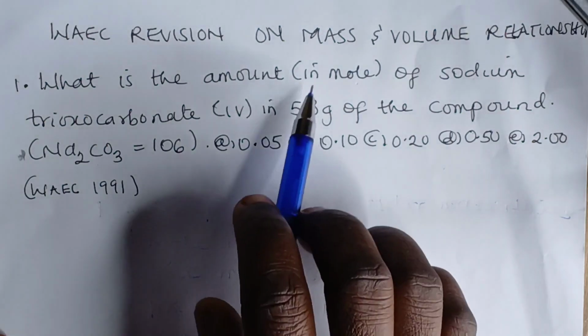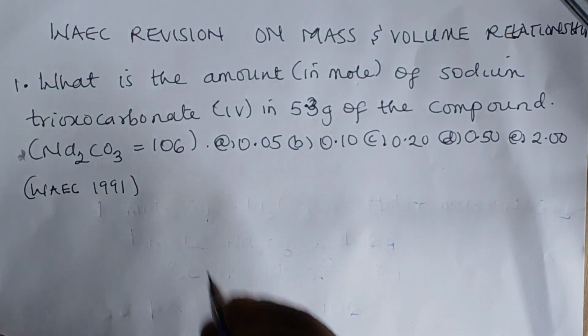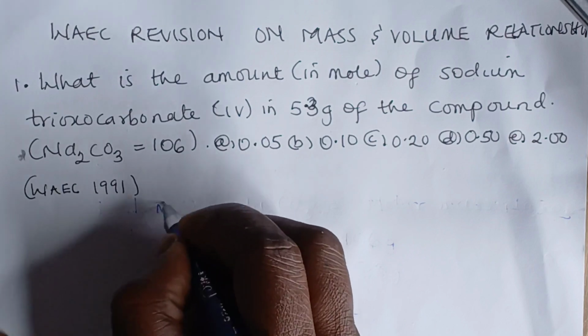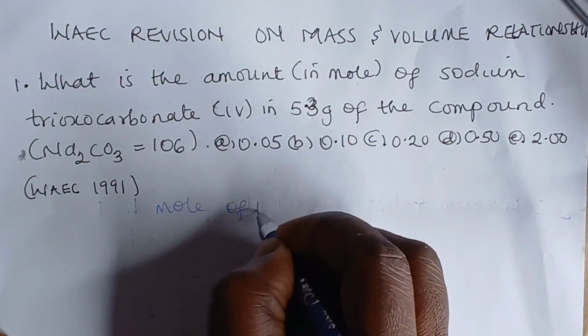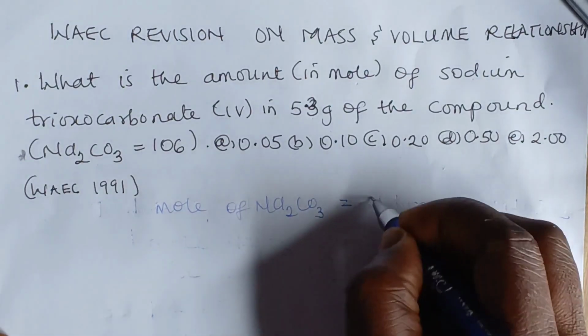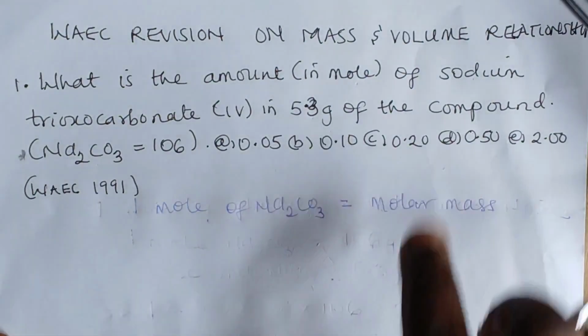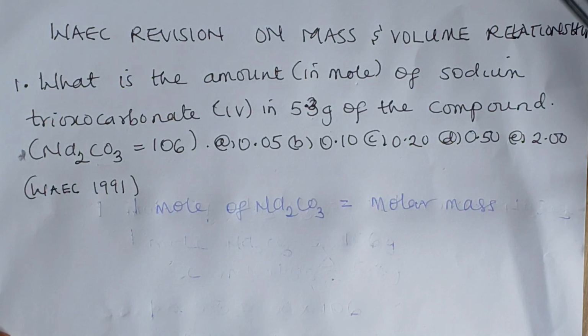Now, since we are dealing with mole and mass, I'm going to be focusing on that very point I mentioned. 1 mole of Na2CO3, that's sodium trioxocarbonate(IV), is its molar mass. No other thing here, no volume, no Avogadro's number, no other parameters except mole and mass.